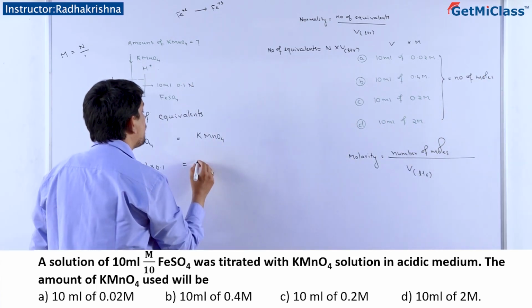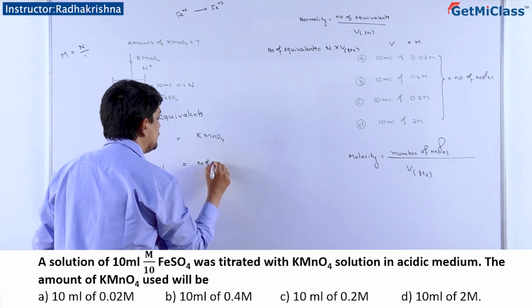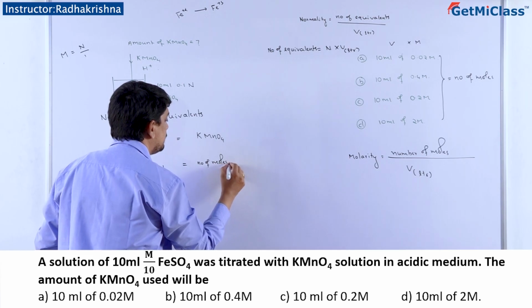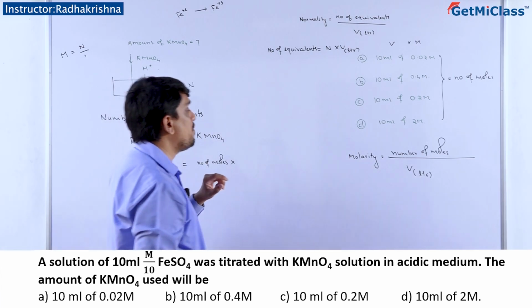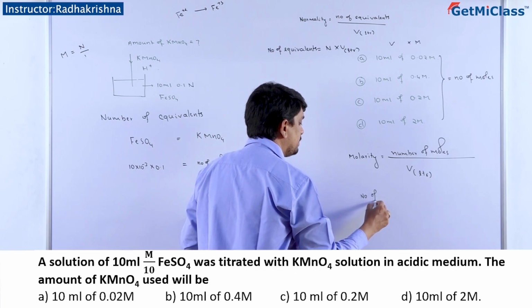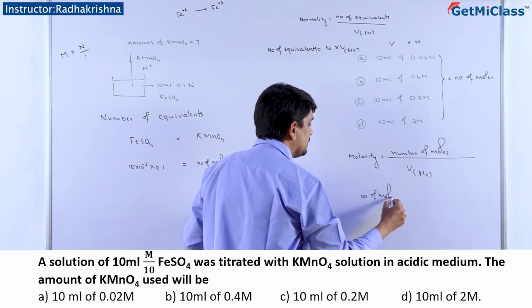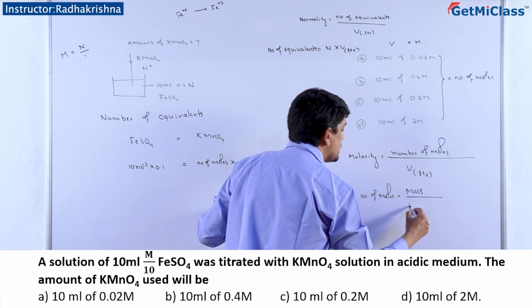Okay, so let me write number of moles into valency factor. So what is the number of equivalents? Number of moles, everyone knows, is mass by molar mass.